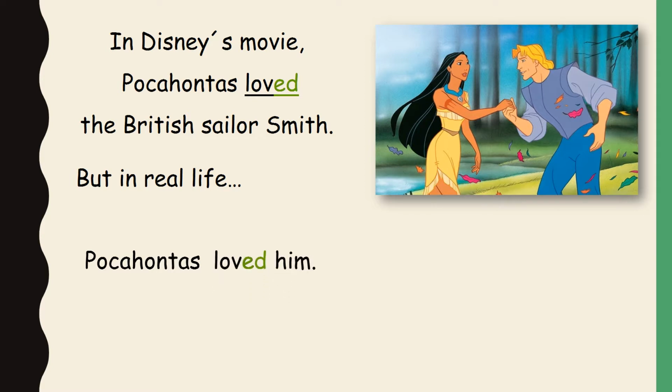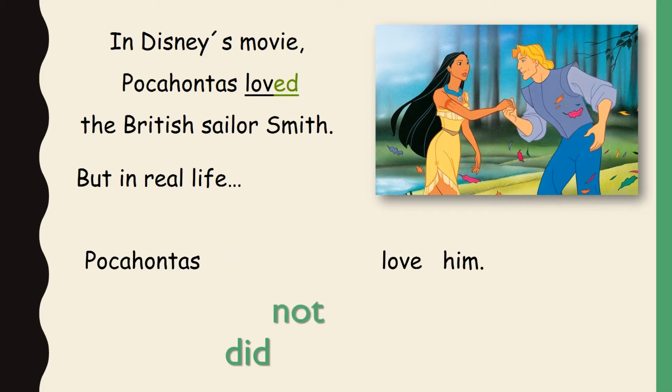This was not real. So, I move the verb. I drop ed and I ask for help to the auxiliary. And the auxiliary is did. Yes! So, Pocahontas did not love Smith.